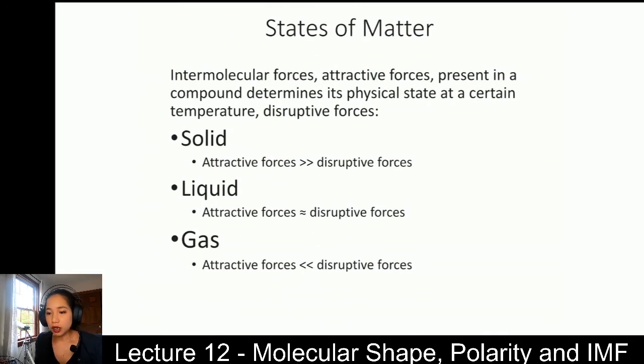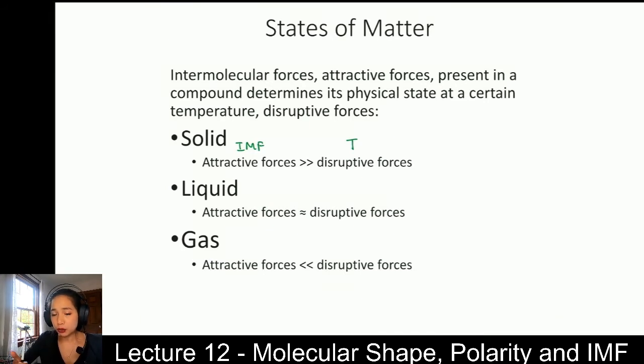Some more detail about state of matter when comparing intermolecular forces to temperature. If there's a lot of IMF present, those molecules are going to stick together, be a lot more sticky towards one another, and be a solid. So if you have a solid sample, that means the attractive forces from your intermolecular forces are a lot greater than the disruptive forces defined by your temperature.